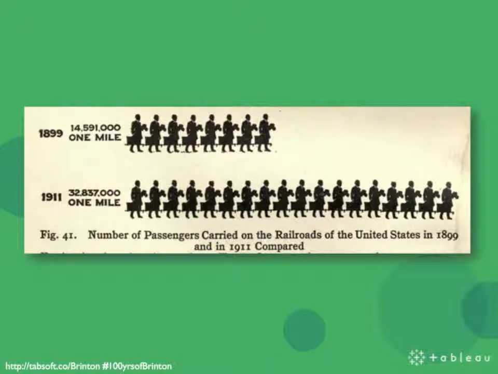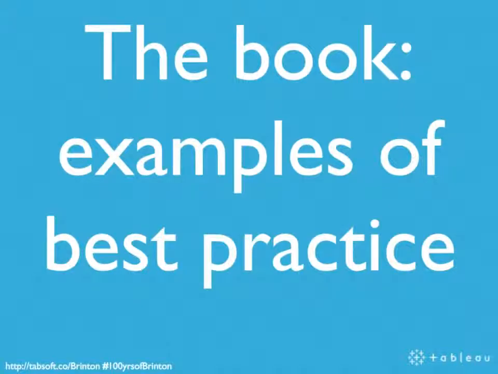Well, that was 1930, but this chart was in 1914. What happened there? How come Brinton isn't the father of isotype? And in fact, when they went and looked at Otto Neurath's library, he had a copy of Brinton's book in his library. So it seems to me fair to say that Brinton's idea about making engaging charts using icons led to Otto Neurath's creation of the isotype.